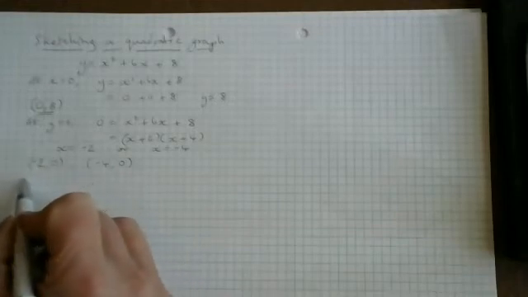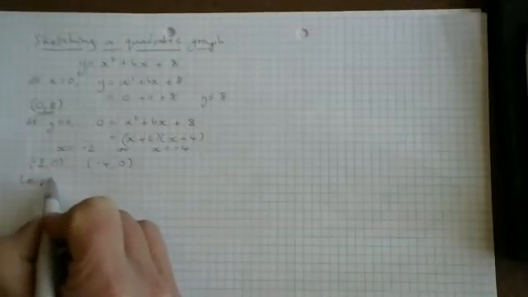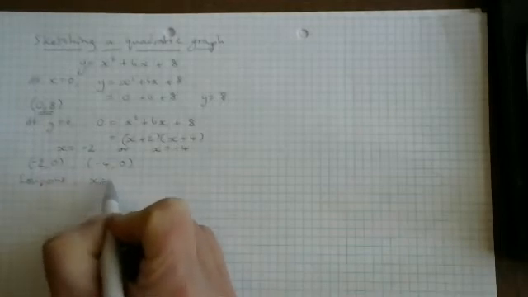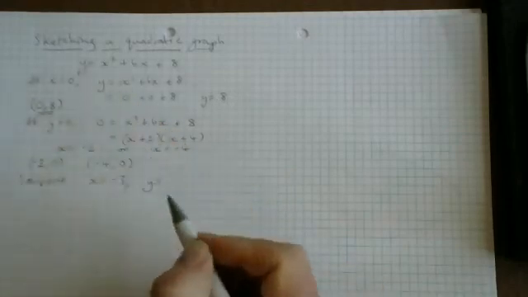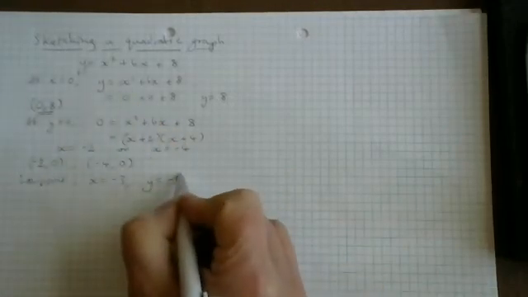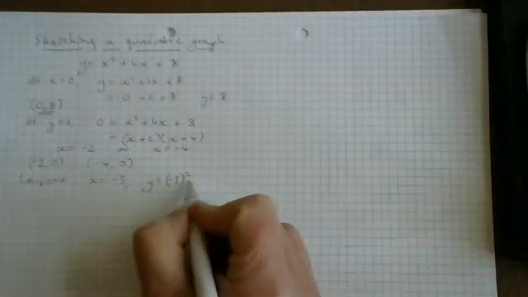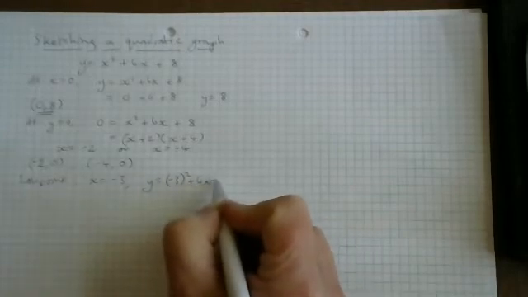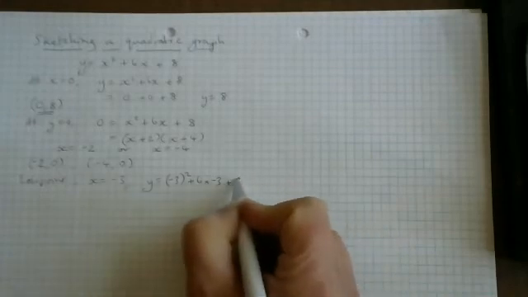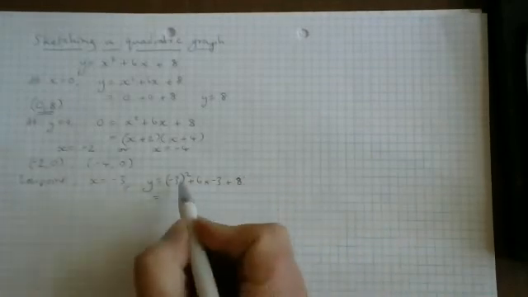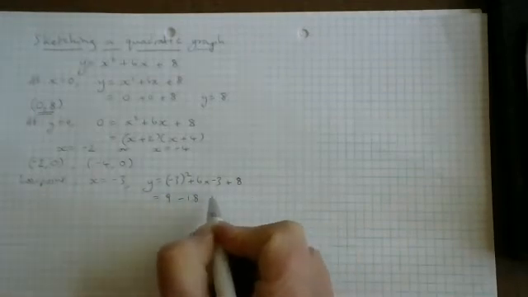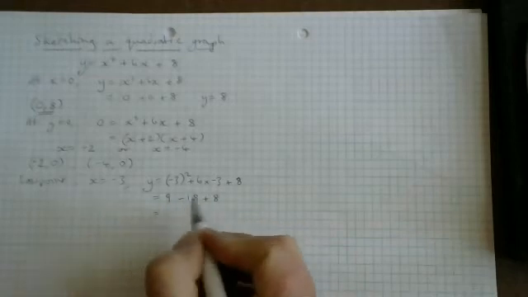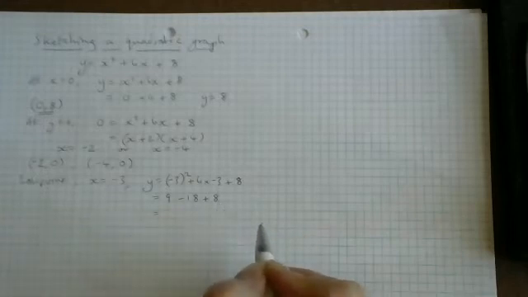So I know the low point is at x equals negative 3. y equals, well, put it into that equation, negative 3 squared plus 6 times negative 3 plus 8 equals 9 minus 18 plus 8, which equals 9 minus 18 is minus 9, plus 8 is minus 1.